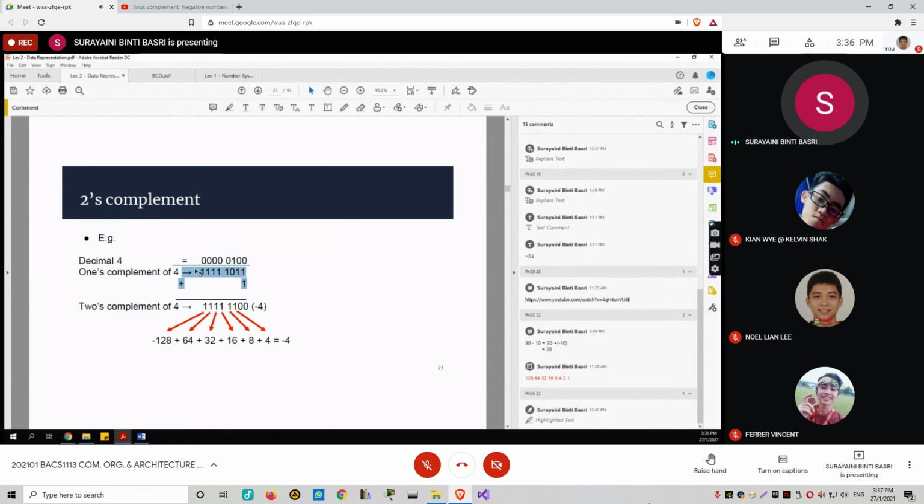Okay, first step is inverse, and then after that add 1 to that inverse number. After that you will get the addition result. So this is the only step you need to do. So you need to remember.